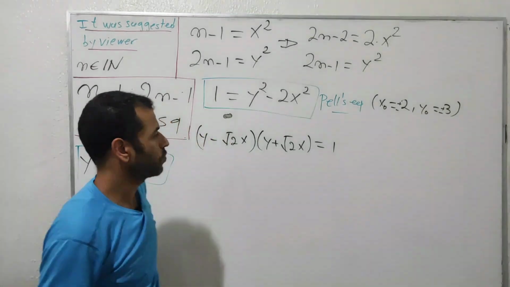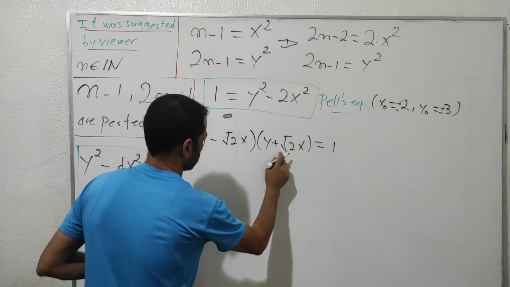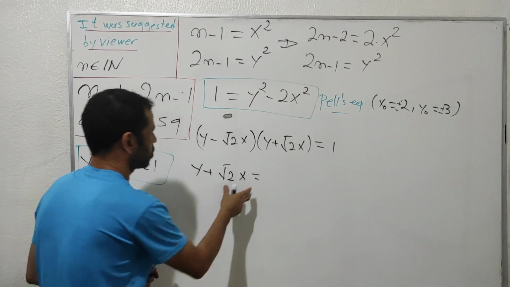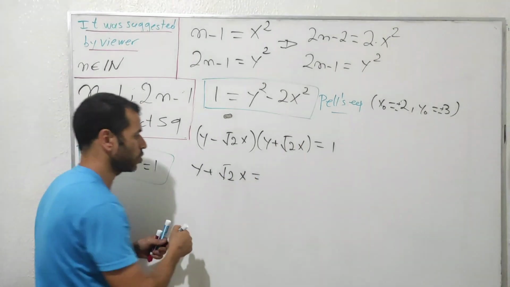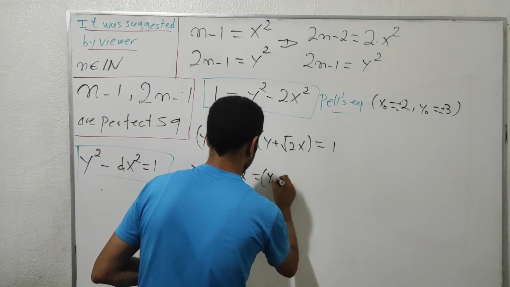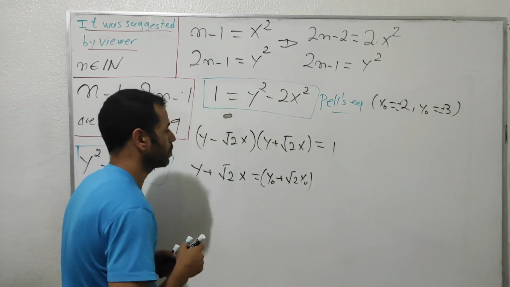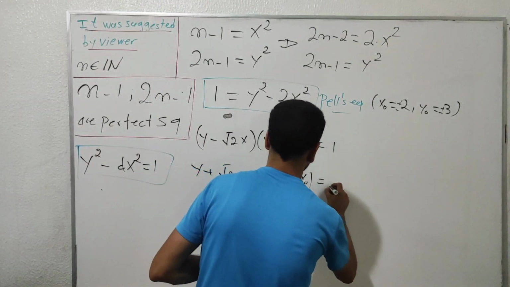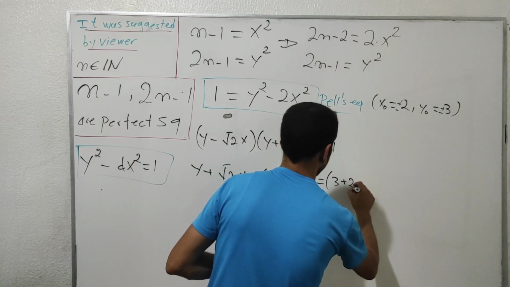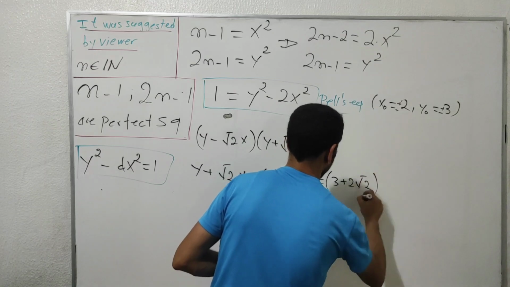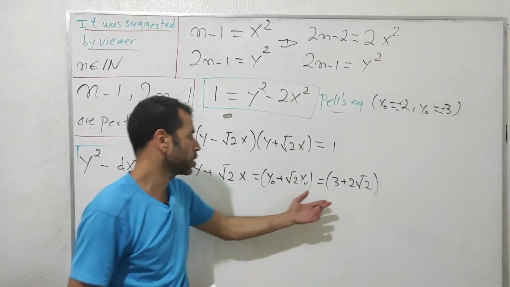The solution is always written in this form: y0 plus square root of 2 x0. By replacing, I get 3 plus 2 square root of 2. It doesn't matter if you put the plus or minus; let's take the positive solutions.